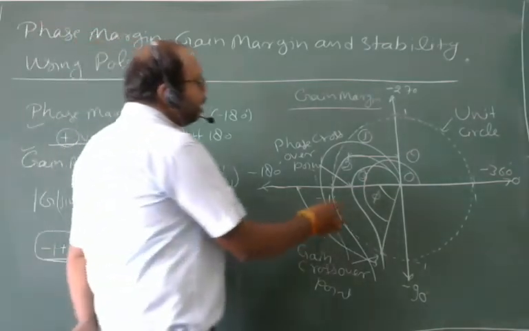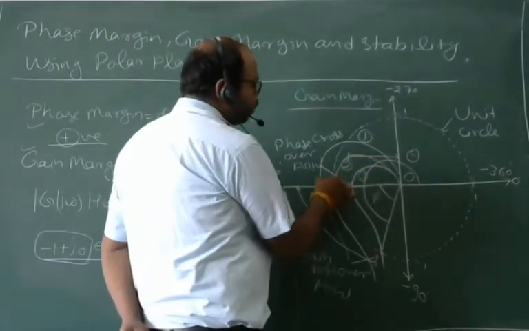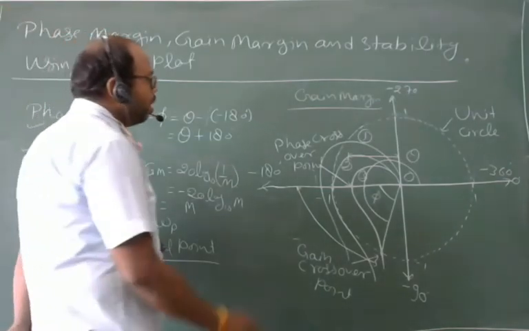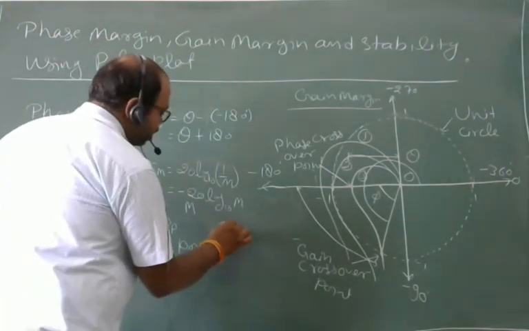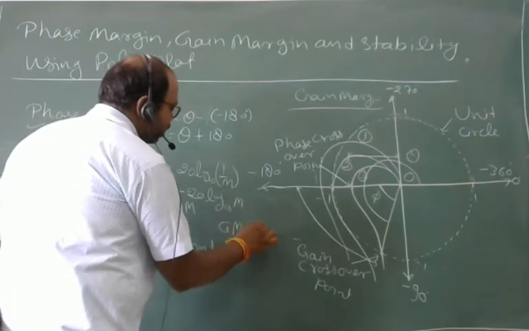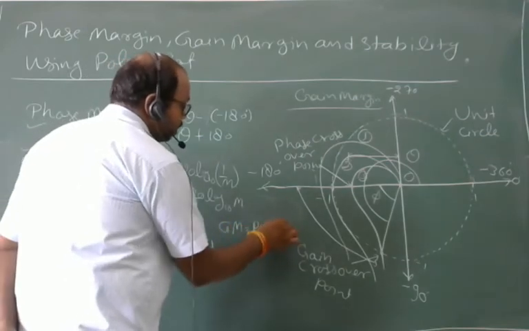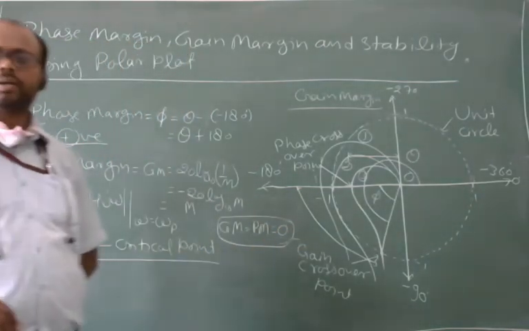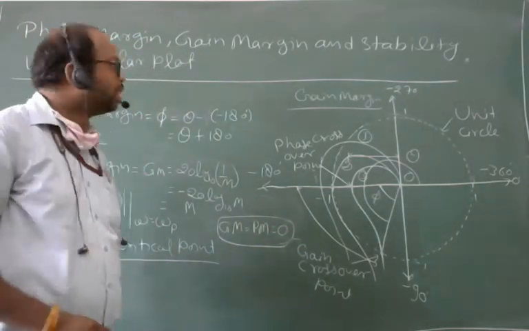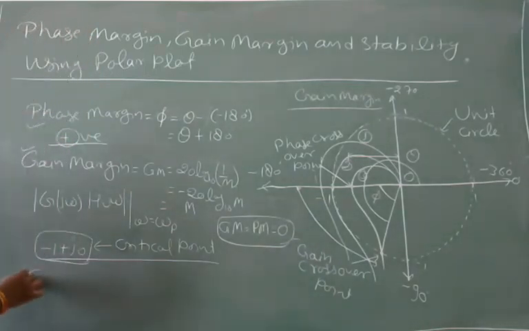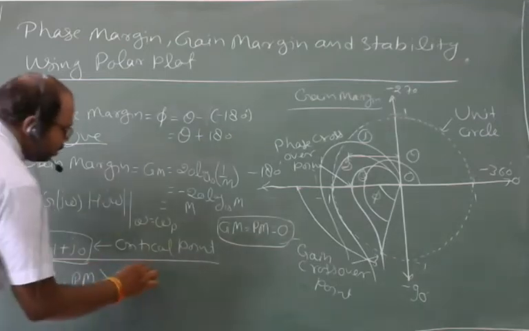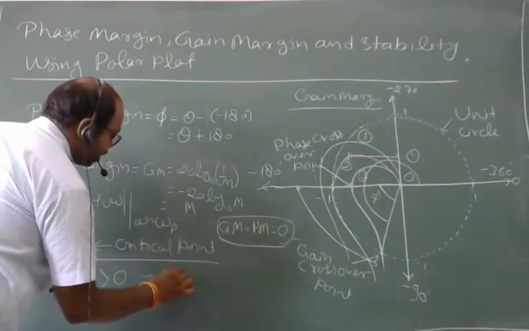So whenever the polar plot passes through this critical point minus 1 plus j0, the gain margin is equal to the phase margin is equal to 0. It means whenever gain margin and phase margin are greater than 0, the system is stable.